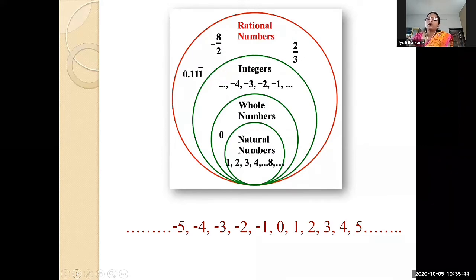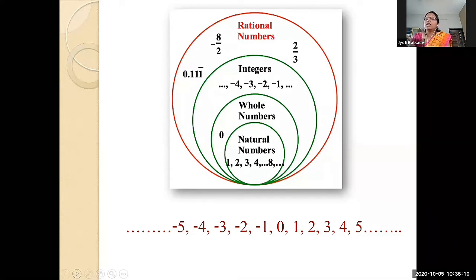Okay, then which are the rational numbers? The proper definition of rational number is the number which is in the form of a upon b, where a and b are integers and b is always not equal to 0. These numbers are called rational numbers. For example, -8 divided by 2.